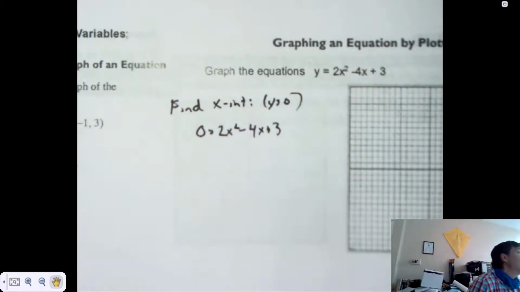How would you figure out your zeros if they exist? Oh, somebody knows. What do you want to do with that equation? Want to try to factor it? Try to factor it.